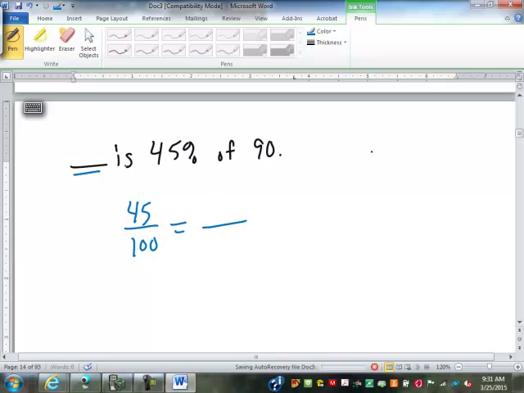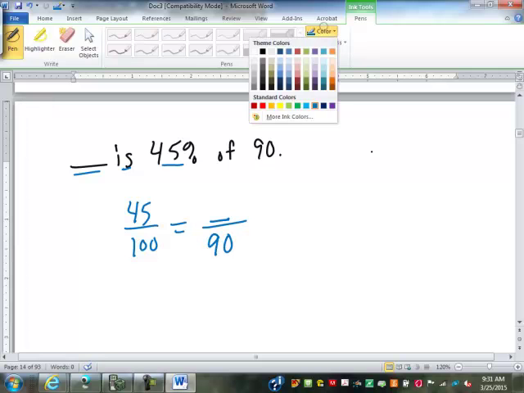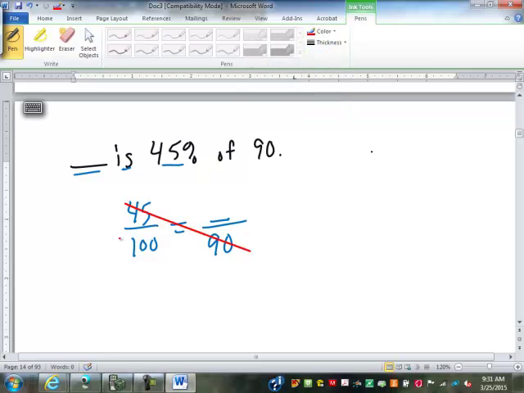Or, you know, blank is 45, so the blank goes with 45. So 90 goes with the 100 on bottom. Then 45 times 90, which is going to give us 40.5. 45 times 90 divided by 100 is 40.5. So 40.5 is 45% of 90.